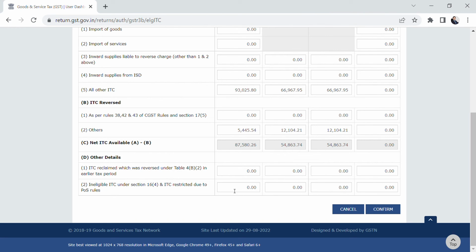The second part pertaining to 4D2 is related to ITC ineligible under 16(4) and ITC restricted due to POS rules. This is again very, very critical here, that two types of ITC will not be auto-populated in this table.